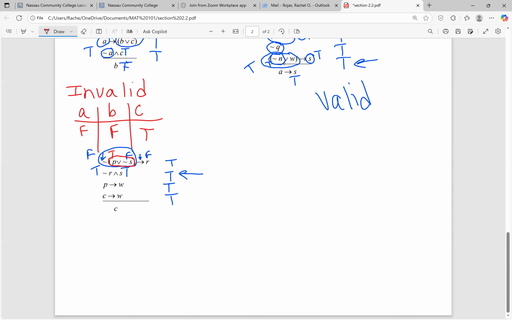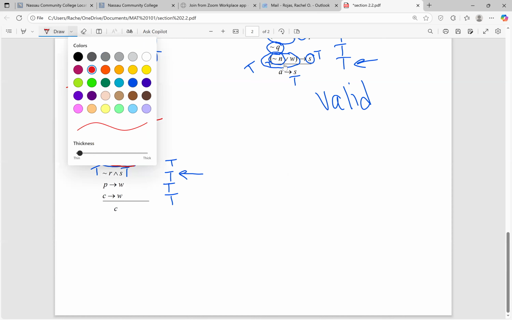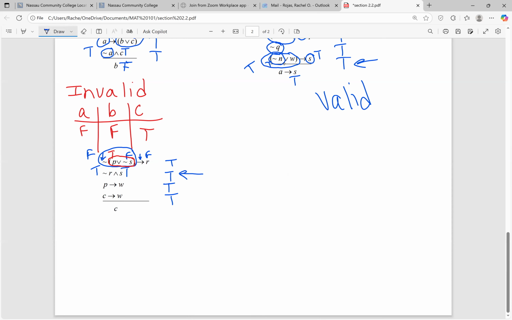So true or false is true, but we're negating a true, making this left-hand side false. So we said, okay, P has to be true, which means this P down here is true. And we have a conditional statement that we're assuming is true, so W has to be true. Otherwise, we would have true to false, which is false. So W is true.